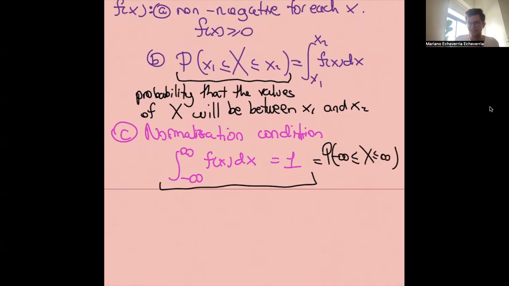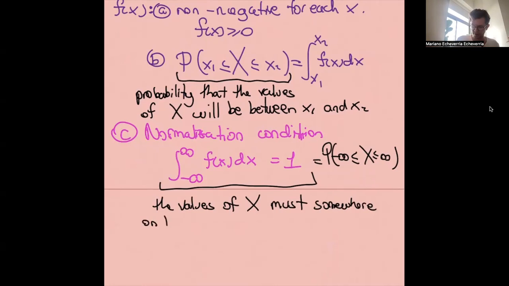So that makes sense. The values of x must lie somewhere. So it's just saying that the values of x must be somewhere on the number line, on the real line, with certainty.